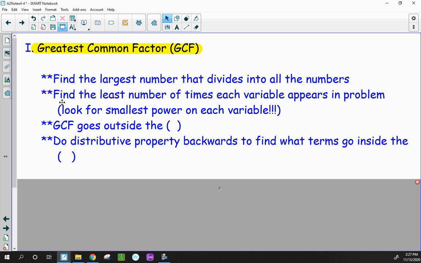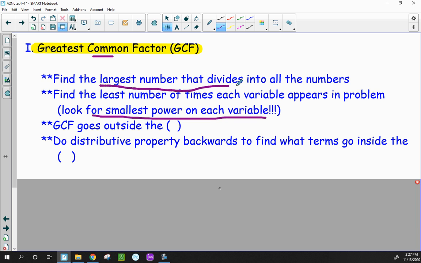Next, I need you to look for the least number of times each variable appears in the problem. The reason it's least instead of greatest is because we're trying to find what they have in common. So you're going to look for the smallest power on each variable and the largest number that divides into all the numbers. When you figure out what each of those are, that's going to be the GCF.